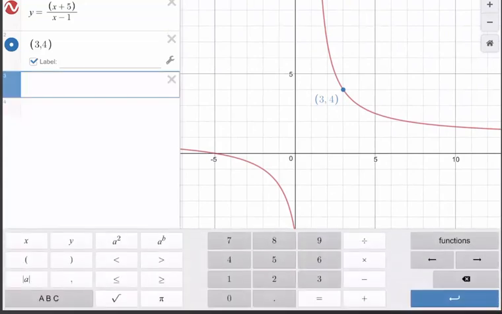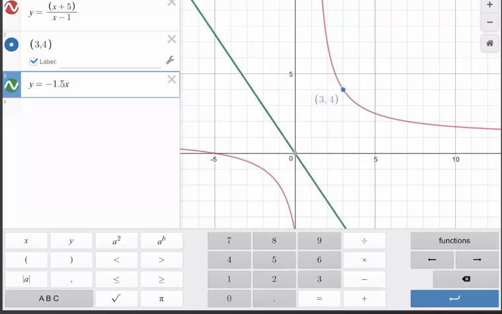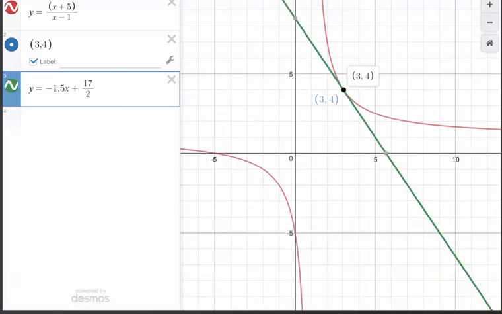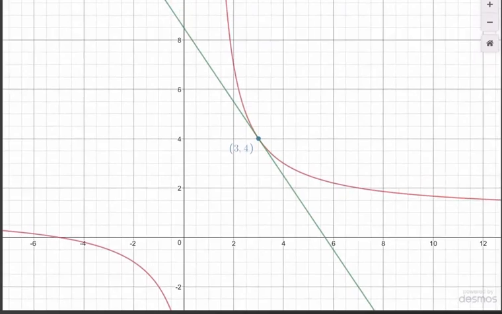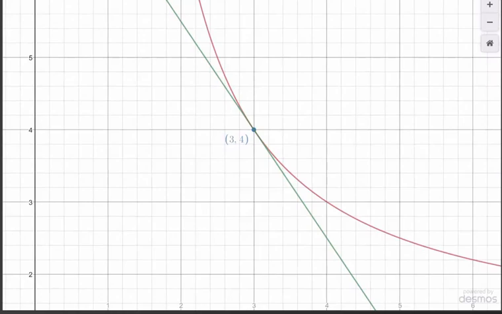If we found the equation correctly, it should be tangent to the curve at that point. So the equation was y is equal to negative 1.5x plus 17 over 2, right? 17 divided by 2. And there it is. Perfectly tangent to this point. Exactly one point of intersection.